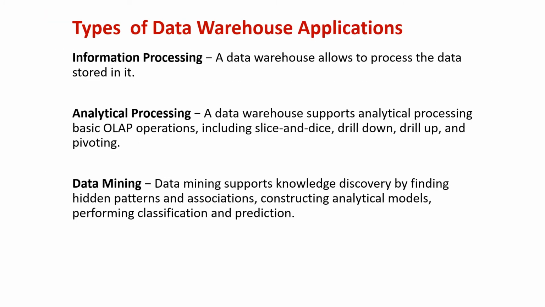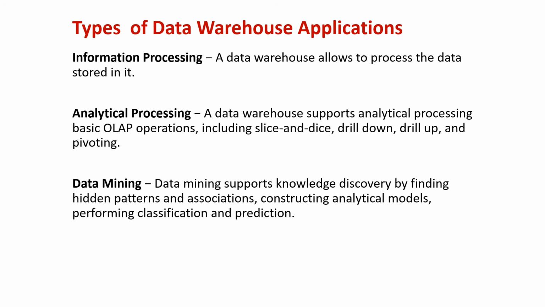The types of data warehouse applications are information processing, analytical processing, and data mining. Information processing means a data warehouse allows the processing of information that is stored in the data warehouse.